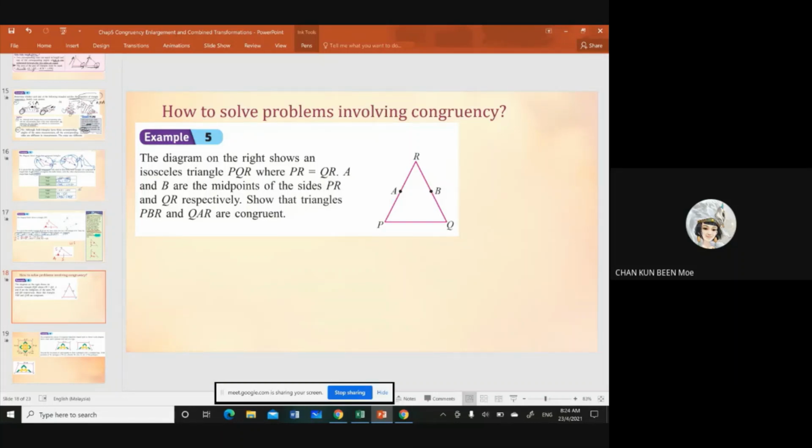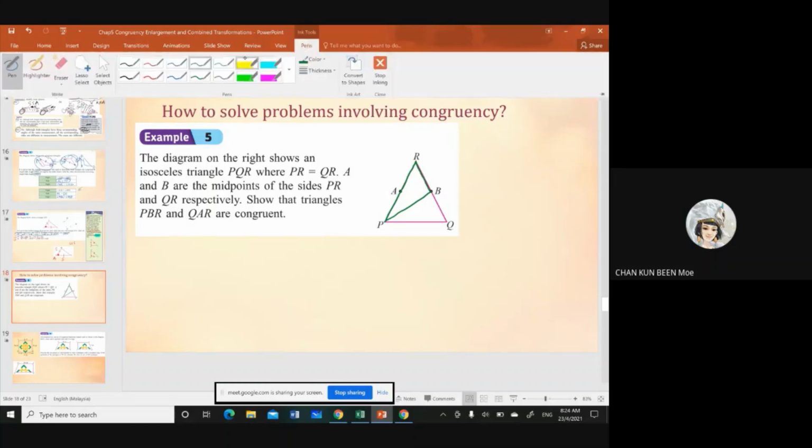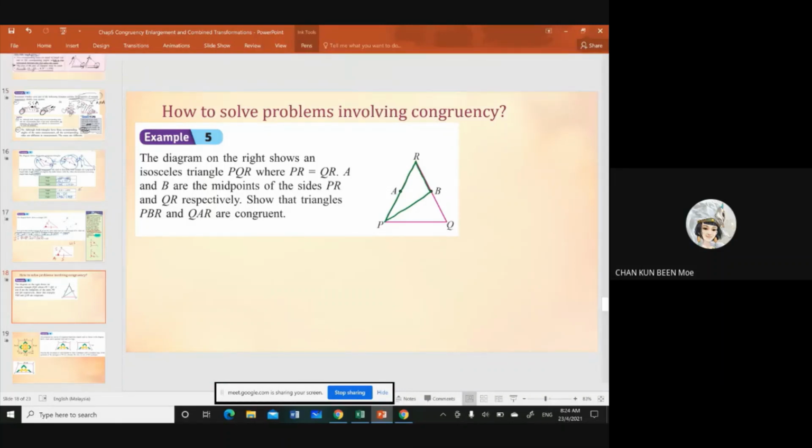So where is PBR, where is QAR? Then you have to draw the lines. This is PBR, this triangle. And QAR, I use another color. So this is QAR, this triangle.